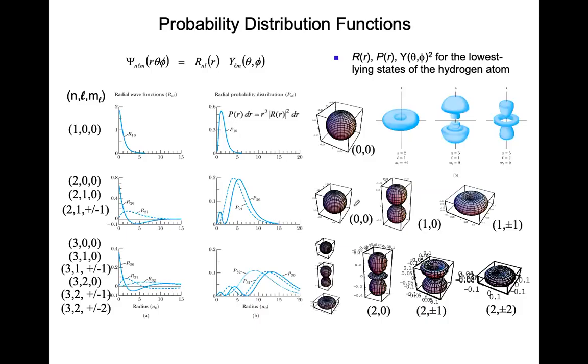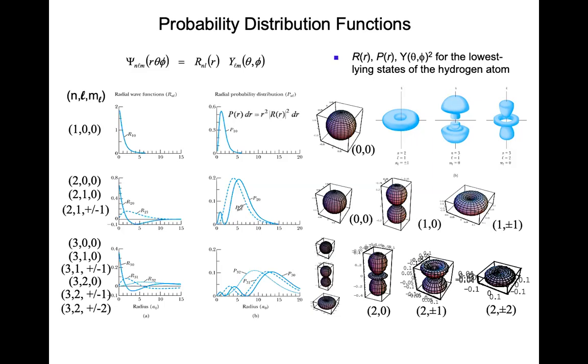But then our textbook looks at, okay, what about n equals 2, which is this next row right here, and that's 0, 0. Okay, but you can have 1, 0 as well for the L and the M, and then L plus 1, 0, minus 1. Well, there's the 0 right there. Those were the two different states for the spherical harmonics. That's what they look like plotted in 3 dimensions.